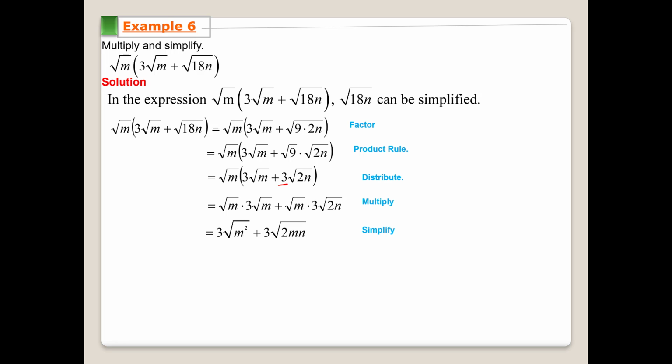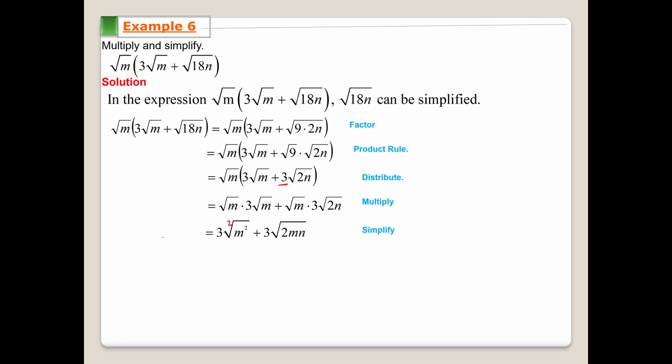And let's simplify this. If you look at this, you have m times m, which is m squared. We have a 3 in front of that, so 3 times the square root of m squared. And that should be a big red flag right there, because there is an understood 2 here, right? Understood 2 right there.